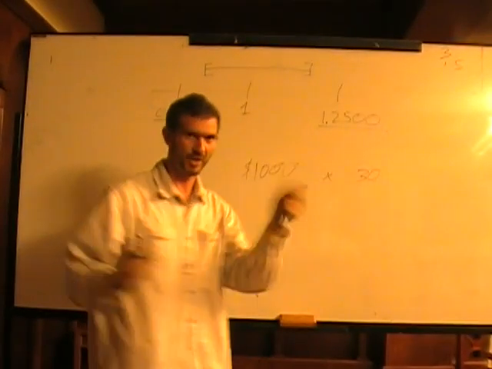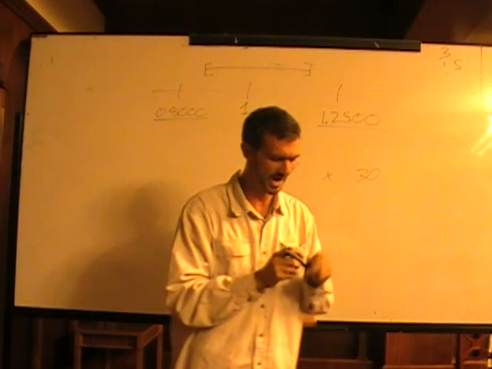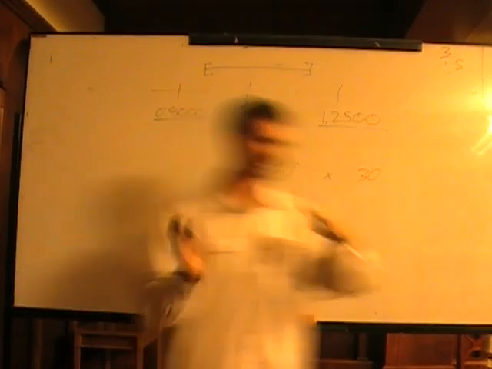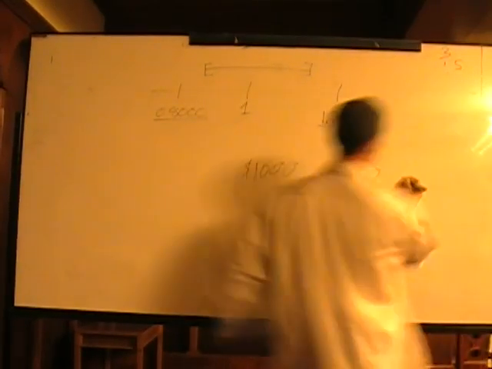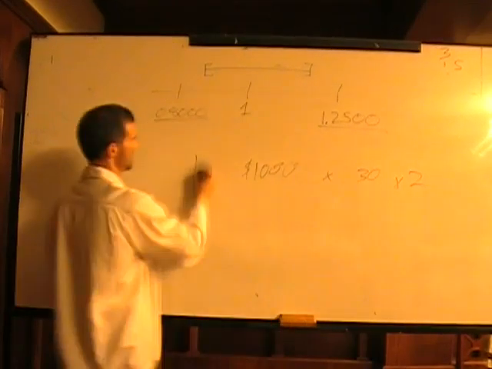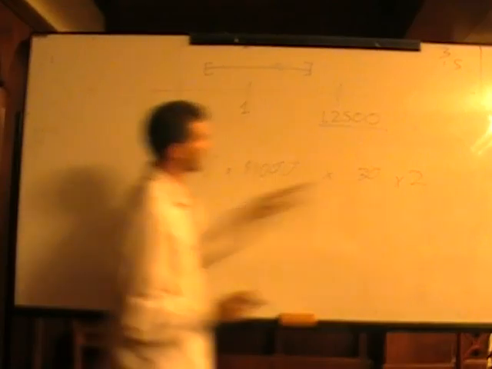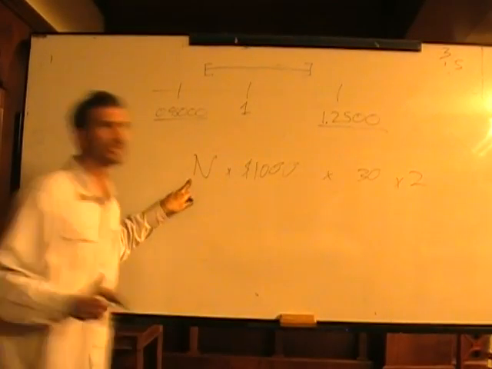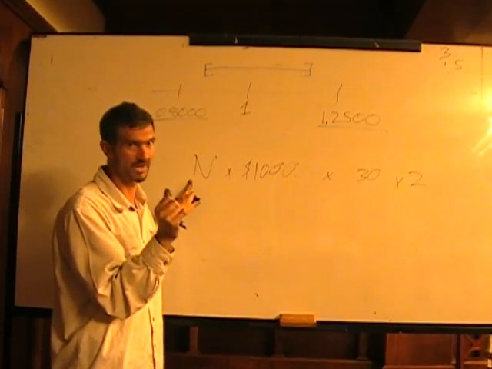And each person in a crossover design gets the generic and they get the branded. So that happens twice for each person, and then you have however many people. So you have $60,000 per person that this costs you.